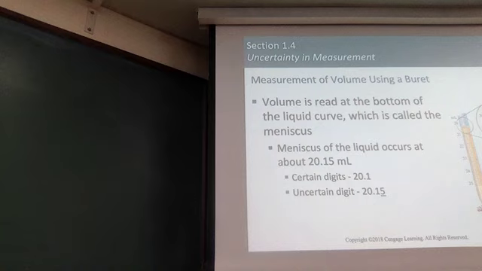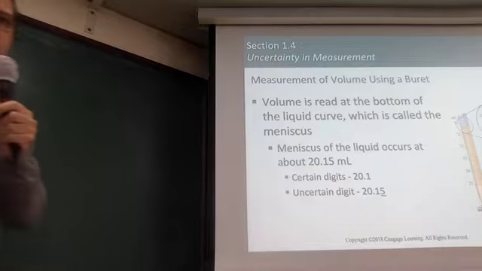It's between 20 and 21, so it should be 20.1. That's what we can say for sure. But can you say for sure if this is 20.15 or 20.14? Well, we cannot really, to be honest, from this measurement. So we will just carry this as the only uncertain digit. So we say this is 20.15, with the last being the uncertain digit.